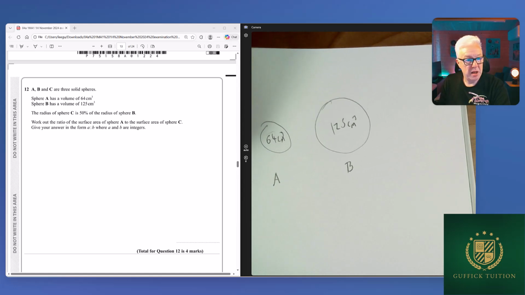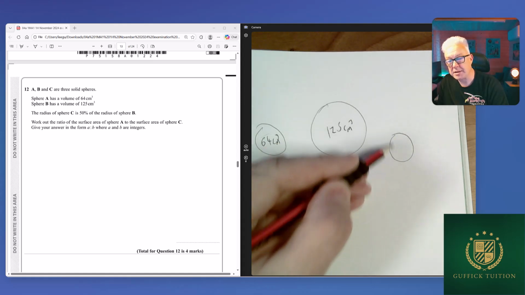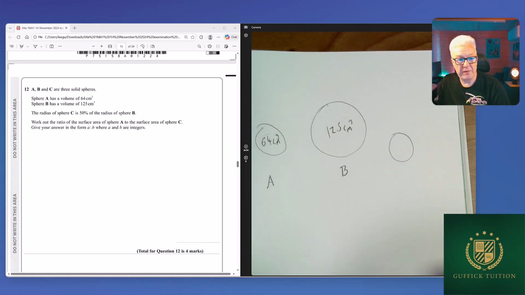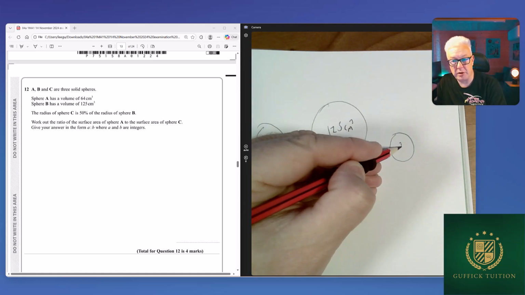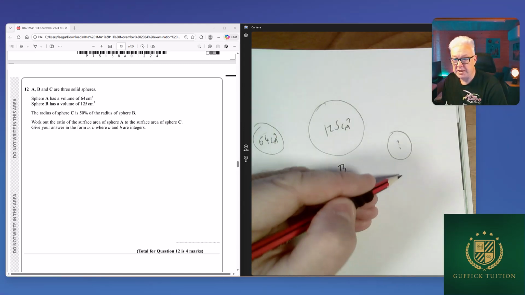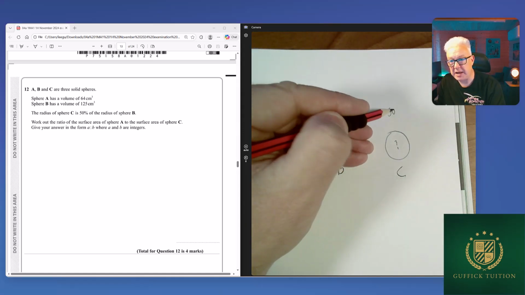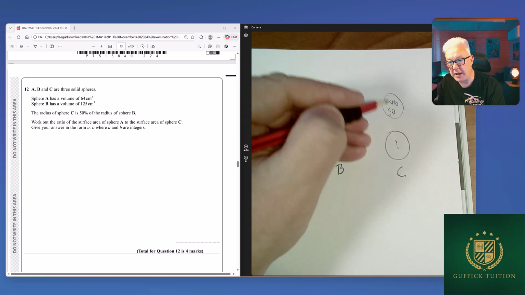There's sphere B. Sphere C is 50% of the radius of B. Oh, it's going smaller again. So that one is going to be 50% of the radius. Now, we don't know what the volume is, so let's park that information. We're just going to say 50% of the radius there.